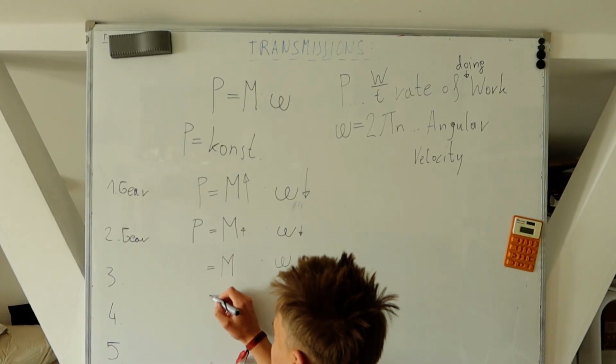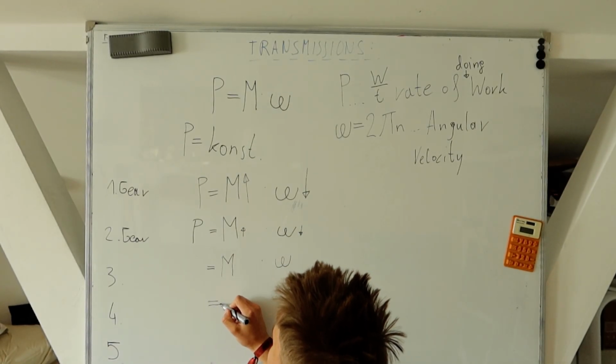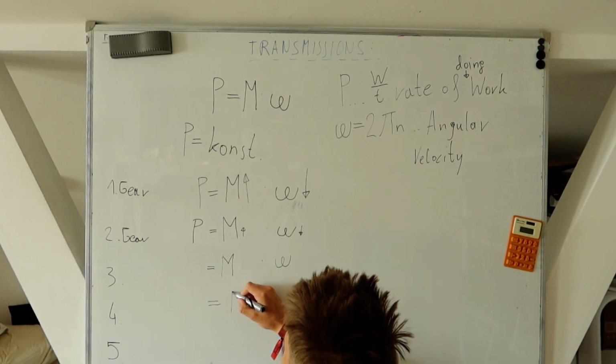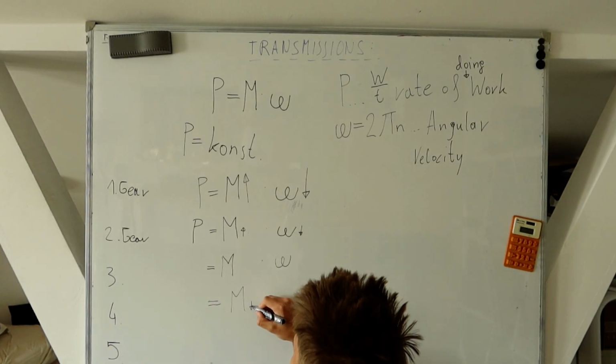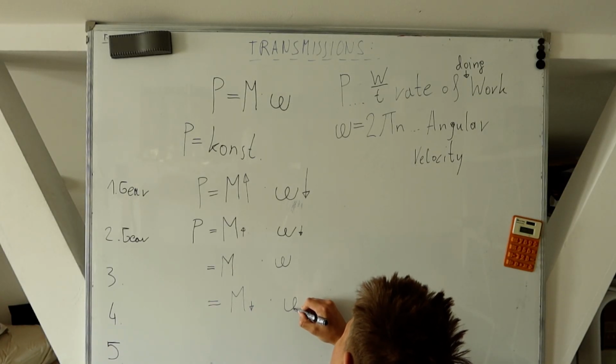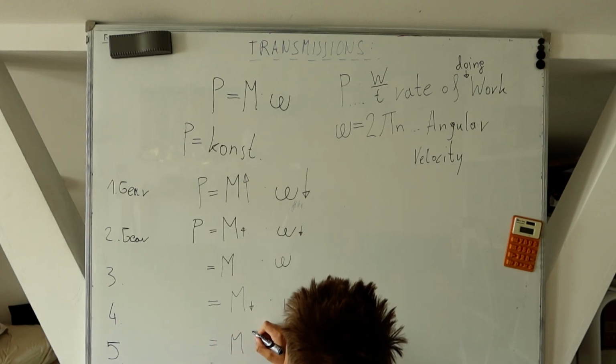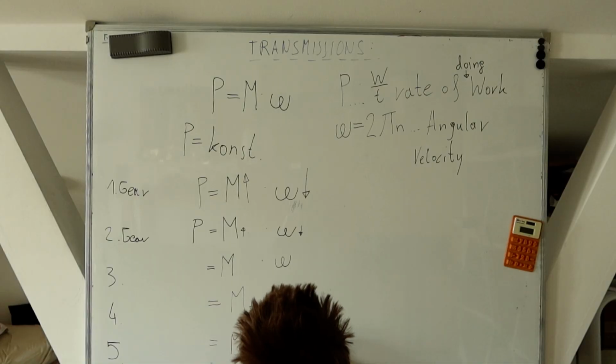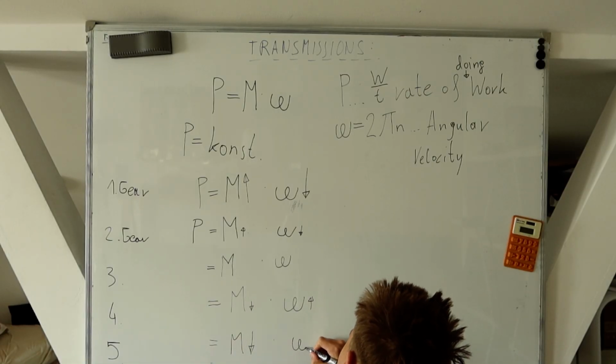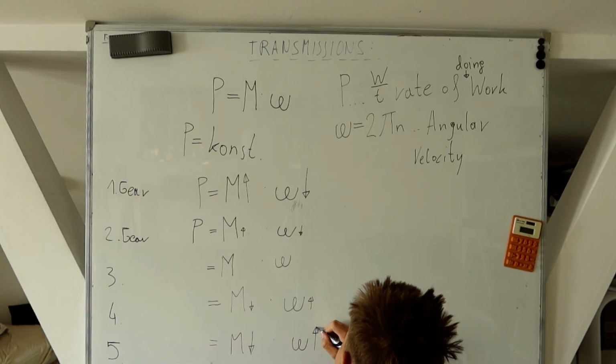And then fourth gear, what is happening is actually we're doing this, applying the same logic. So M is actually now getting smaller, and omega is getting larger. And now the same thing for fifth gear. You have M is getting smaller, but a lot smaller, and omega is getting a lot larger, right?